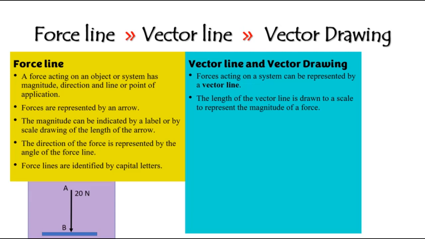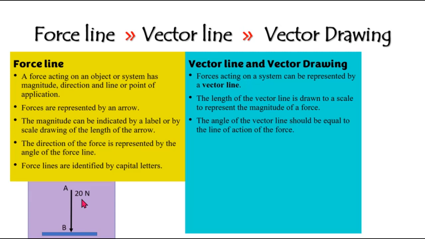Now, unlike force lines, where you can just label the force line as in this example where I've placed 20 newtons, when you're dealing with vector lines, you have to ensure that the length of the vector line is to scale and represents the magnitude of whichever force it is representing.